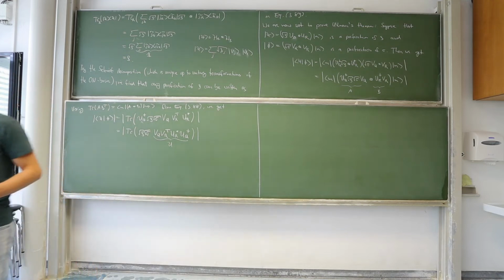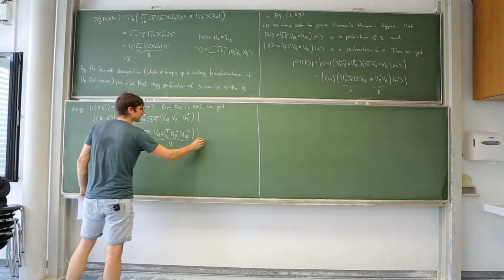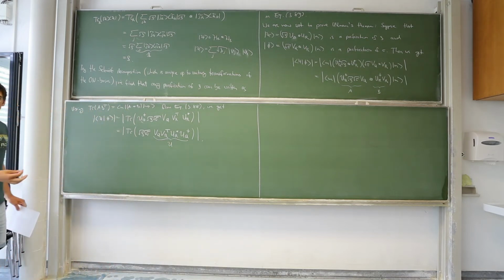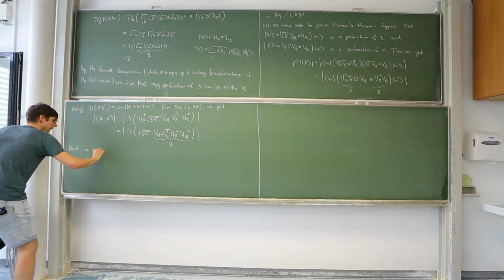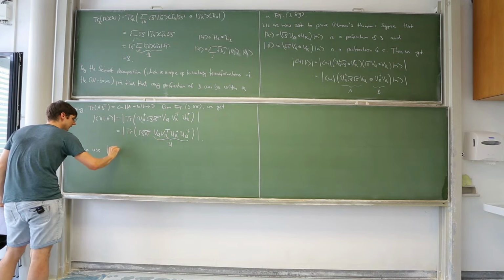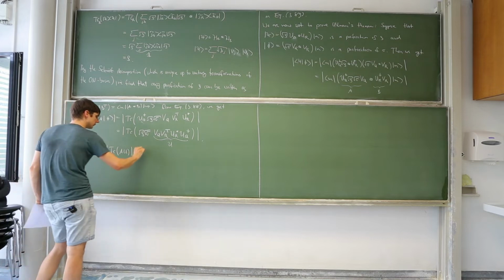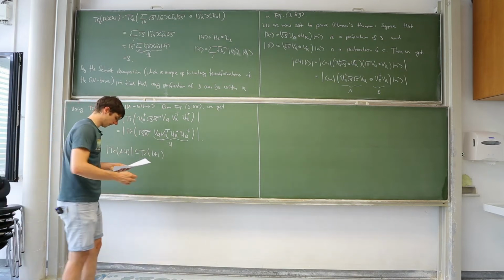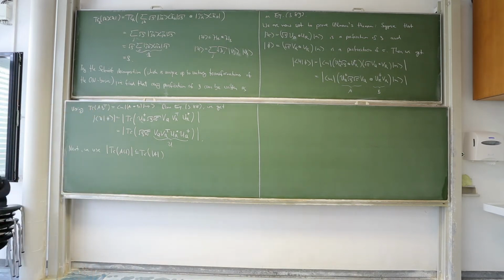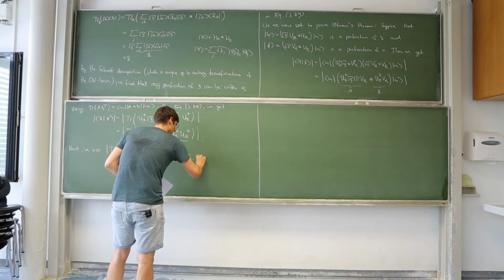And now it's in the form of our first intermediate result. So next we use this. The first result was the trace of some arbitrary operator A times U is smaller or equal to the trace of the modulus of A. This was from equation 3.87.